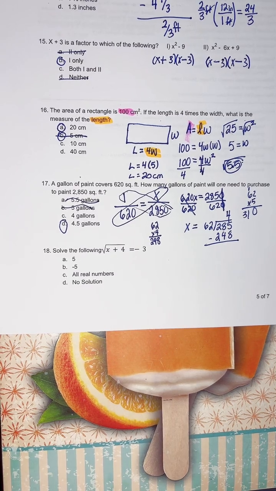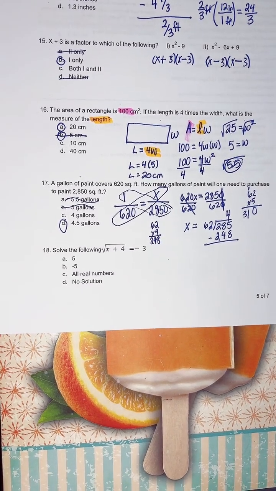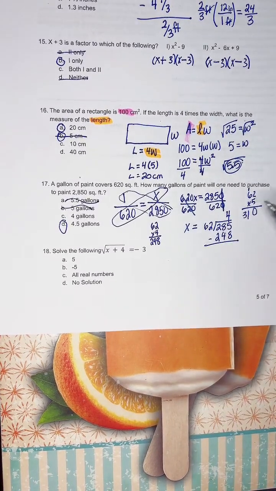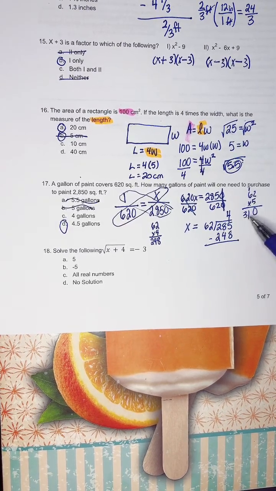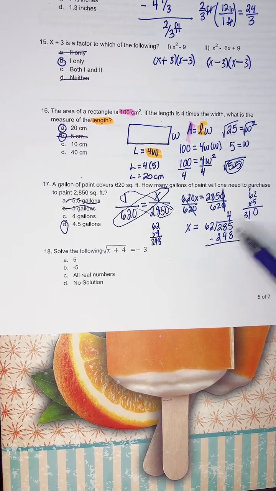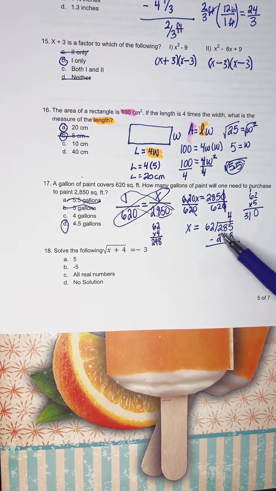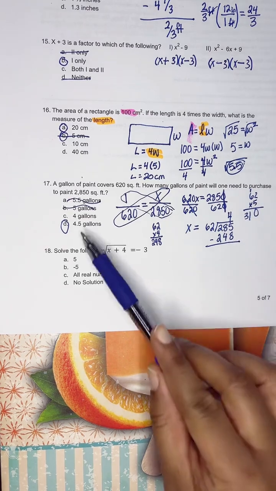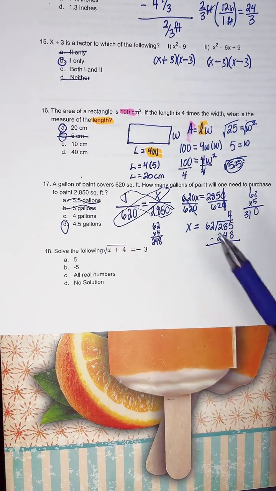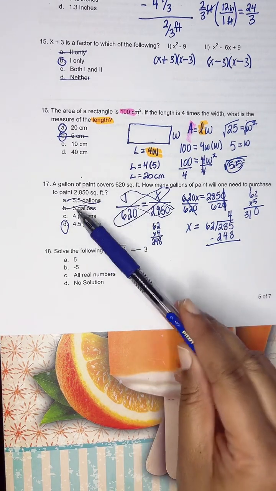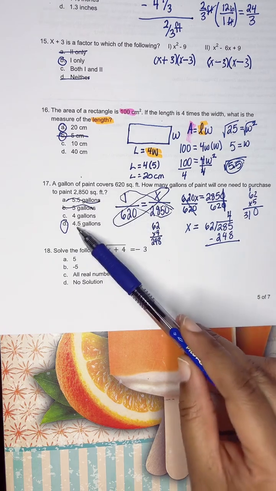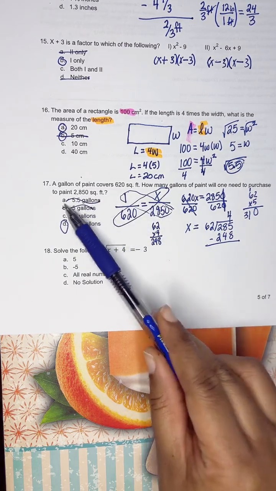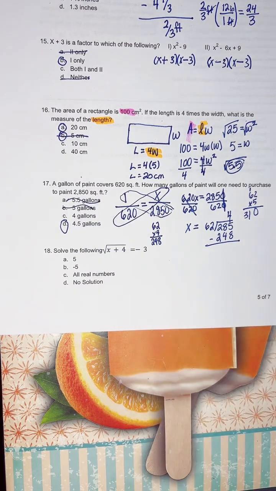Why not A? Because when we multiplied 5 times 62, see how we got 310 over here? Well, that's bigger than the 285. It can't fit. So 5 is way too big. 5 is a waste of money. If you buy 5 gallons, you only need 4.5 gallons. This would cost you even more money.